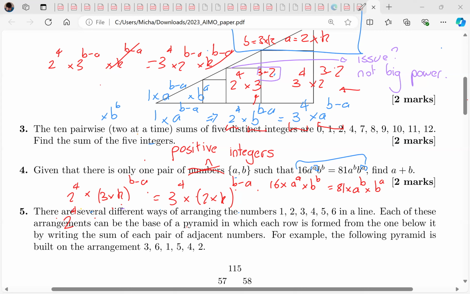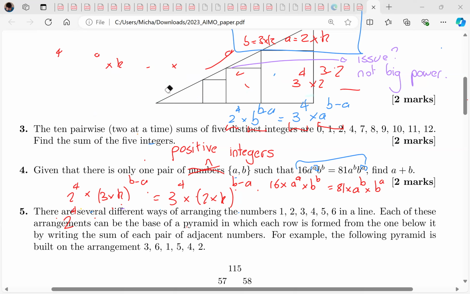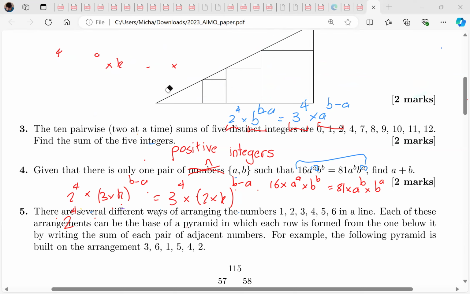So how would we say it? Write the equation to the 4. Just keep the blue one off. So raise it to the 4 times b minus a. But in that equation, can you see you can divide both sides by 3 to the 4?